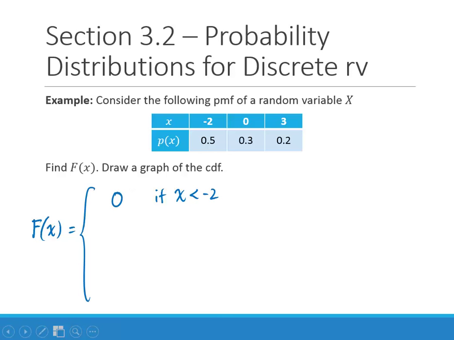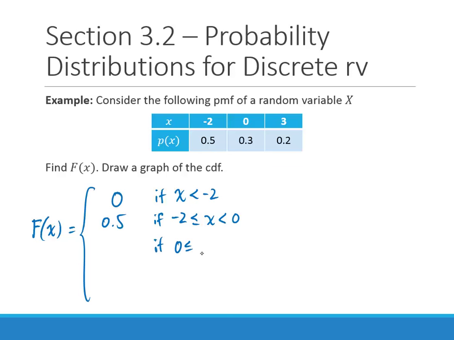So my next range here is if x is bigger than or equal to -2, but less than 0. So what's the probability of being less than 0 here? 0.5. Right. So as we move from -2 to 0, our CDF is at a flat line of 0.5.